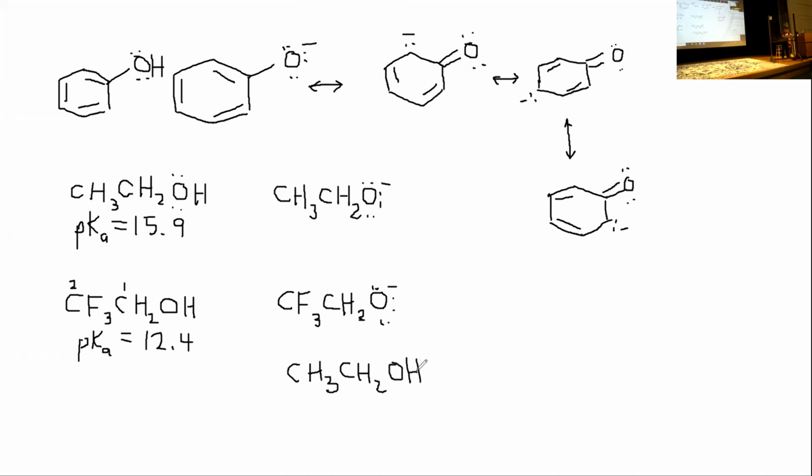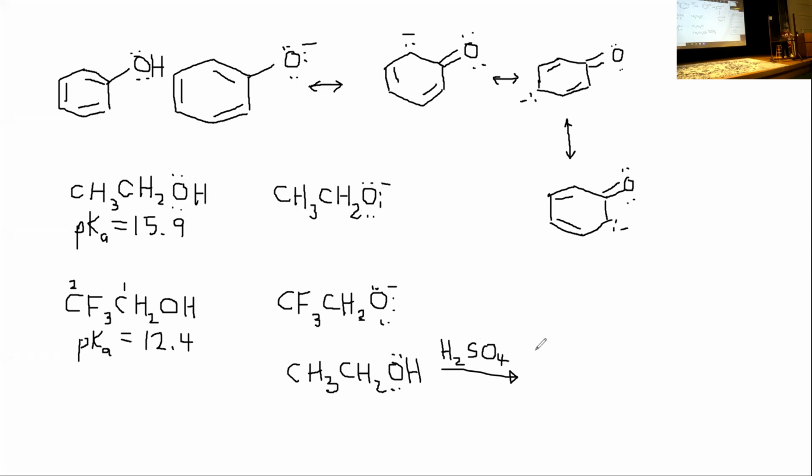Just as if you add a strong acid to water, you get H3O plus, the corresponding thing happens to alcohols. So if we added some sulfuric acid, keeping it fairly dilute, amphoteric means it can act as either an acid or a base.